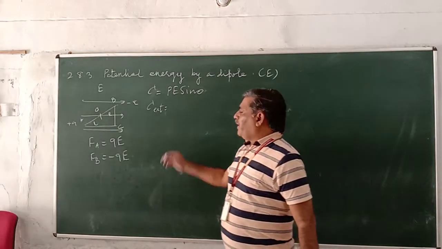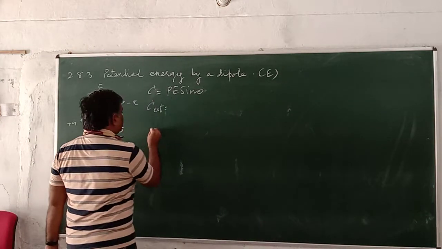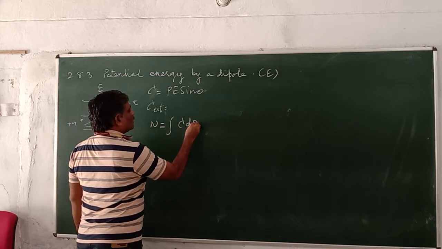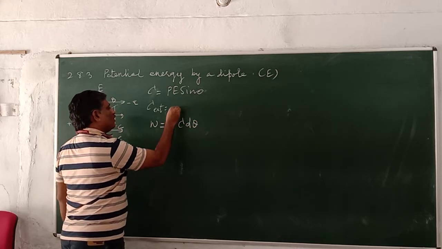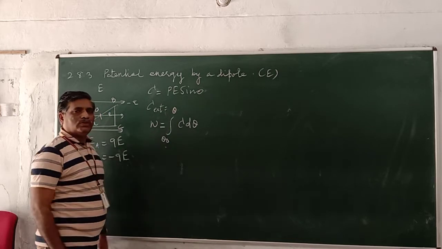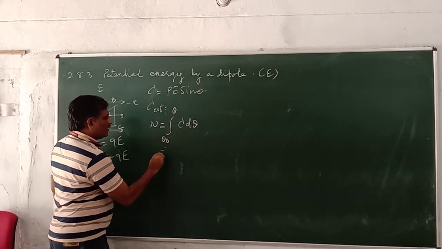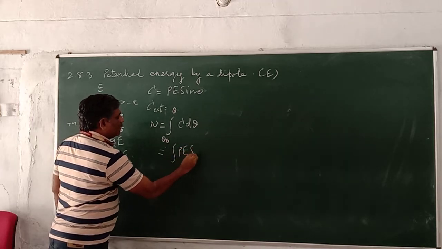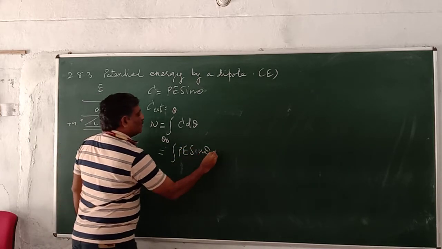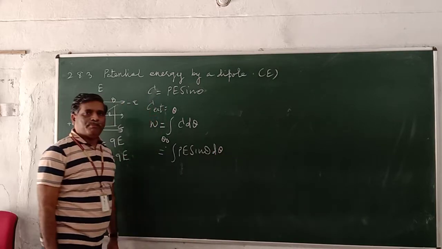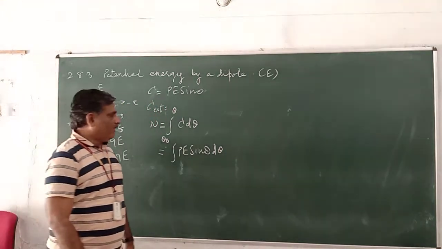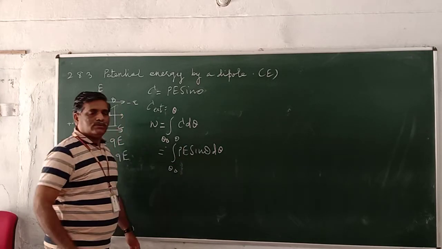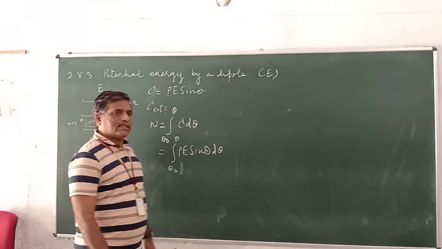So whenever it is rotated, W is equal to integration of torque d theta. It goes from theta 0 to theta. So external torque, opposite torque, we are keeping it PE sin theta d theta.